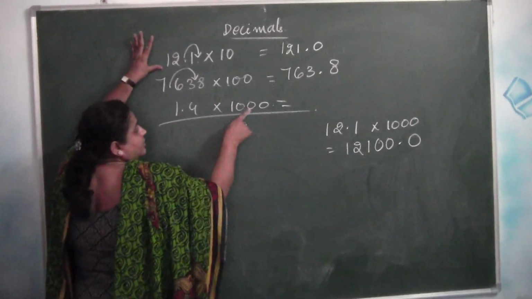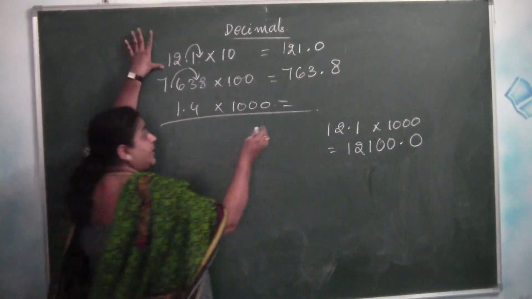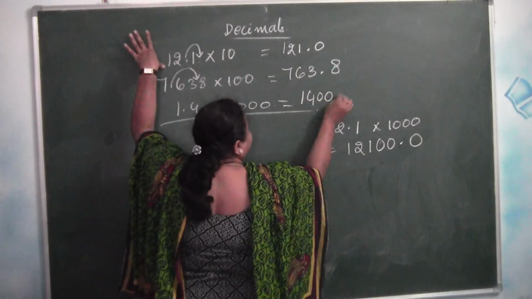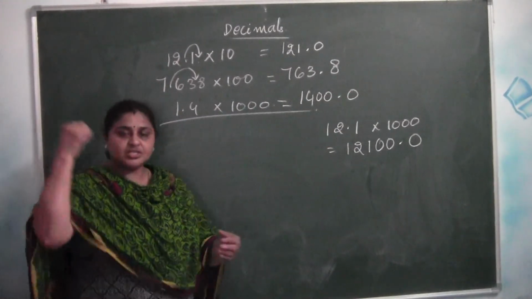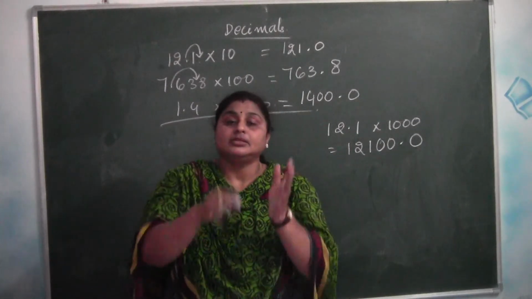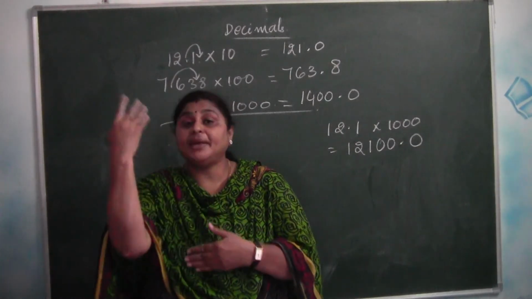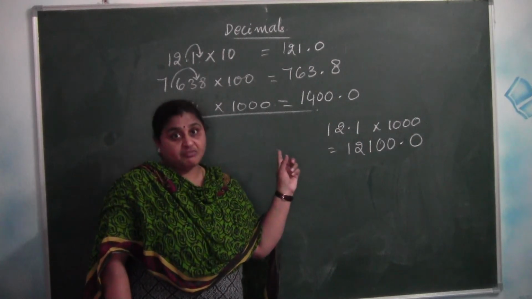Coming here, 3 zeros are there, but I have only 1 digit. It means 1400.0. Very simple it is. So just see how many zeros we have. After that many digits, the decimal will be jumping forward. That is in case of multiplication.